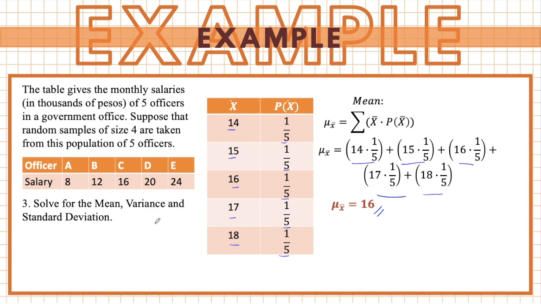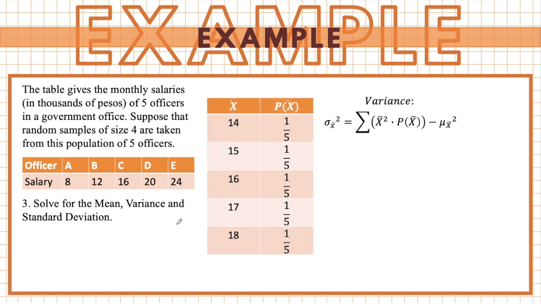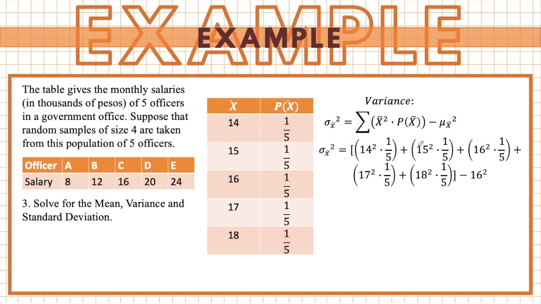Next is the variance. So formula for variance is summation of sample mean squared times probability of the sample mean minus mean of the sample mean squared. So we add the products of sample mean squared times probability of the sample mean. So that is 14 squared times 1 over 5 plus 15 squared times 1 over 5 plus 16 squared times 1 over 5 plus 17 squared times 1 over 5 plus 18 squared times 1 over 5.